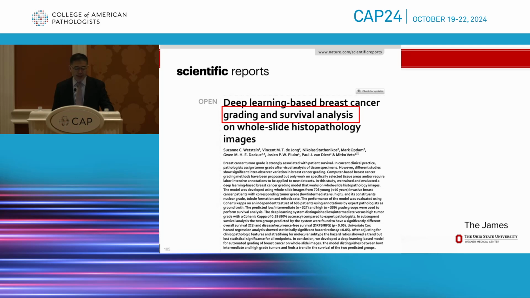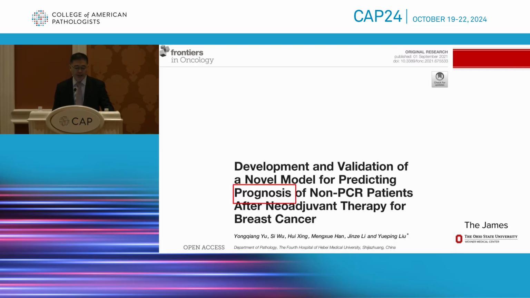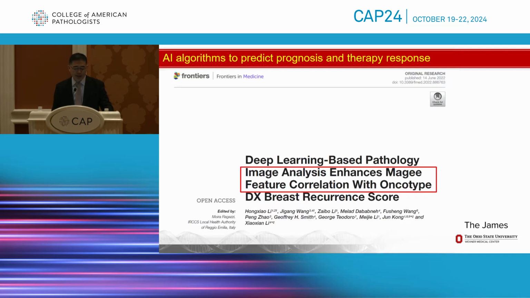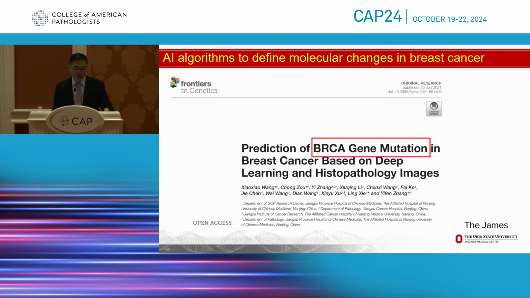Some other studies out there developed AI tools to predict survival, to predict response as well, and also, as mentioned here in this study, to simulate or predict the Oncotype DX score or the Magee equation score as shown here.